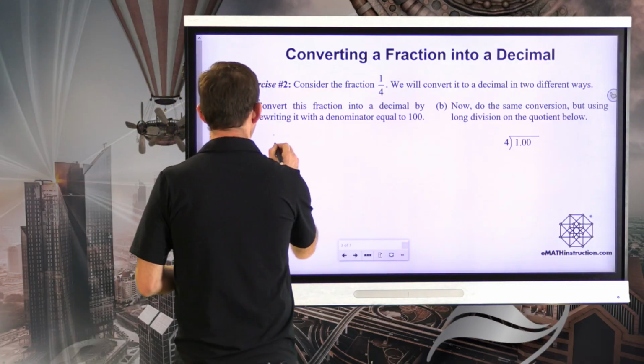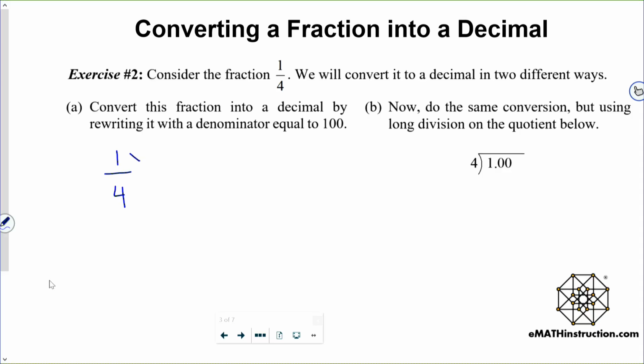So we can take 1/4, rewrite it as an equivalent fraction with a denominator of 100 by multiplying both the numerator and denominator by 25. That will give us the equivalent fraction 25 100ths. But now 25 100ths is just 0.25.